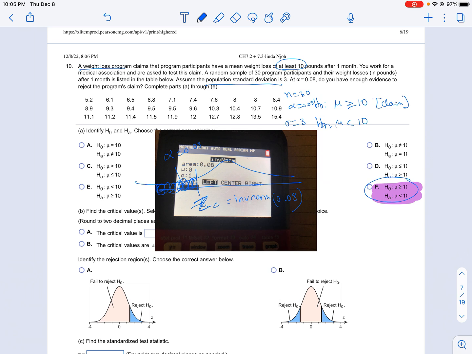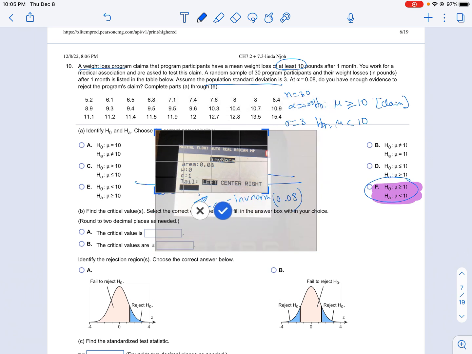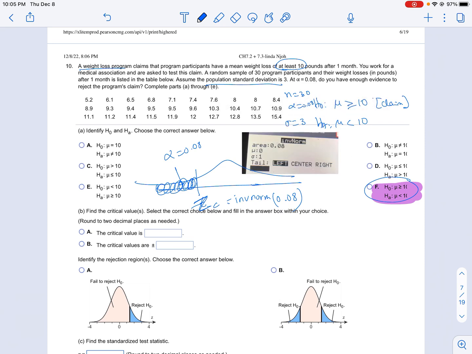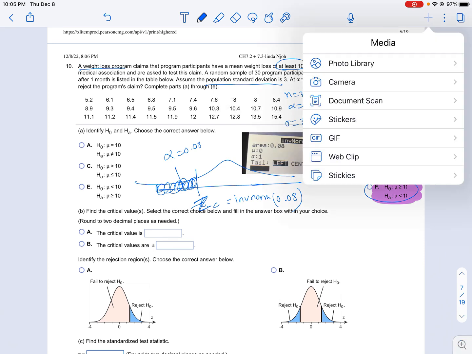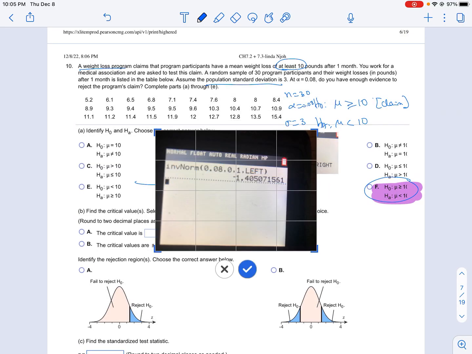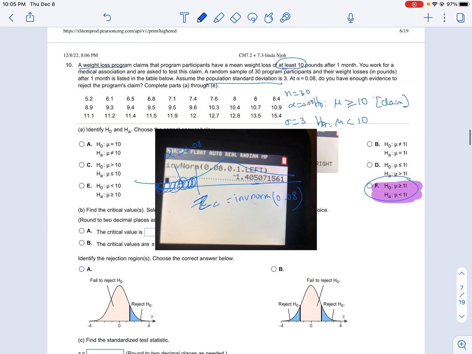Paste. So this is what I get for my critical value.